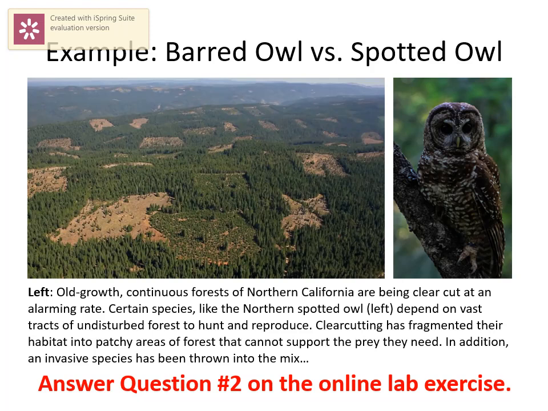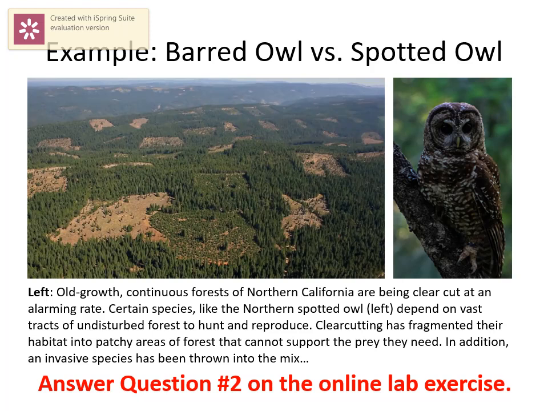Certain species like the northern spotted owl depend on these vast tracts of forest because they need to nest in old growth trees, and in addition to that, their primary food sources also thrive in these vast forests. The problem is that these forests are now disturbed. Clear cutting has fragmented all of these forests into patchy areas, and this means that this cannot support these owls. They're losing the old trees they depend on, and also, of course, their food sources.